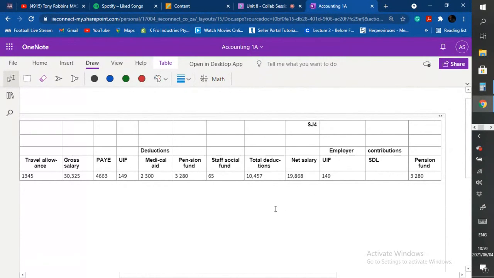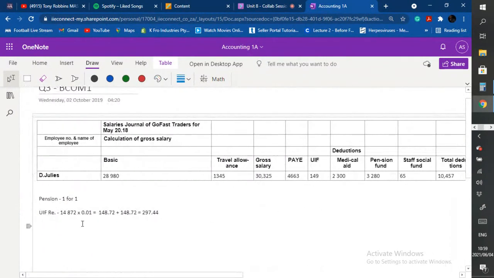Remember I told you, much like UIF, SDL remuneration might not be equal to the person's salary. So here it's 26,776. And again, we know that SDL is not a deduction, it's a contribution from the employer. So what is that going to give us?